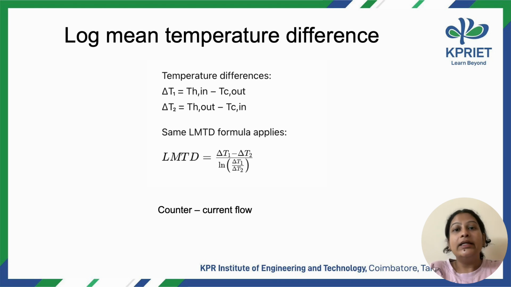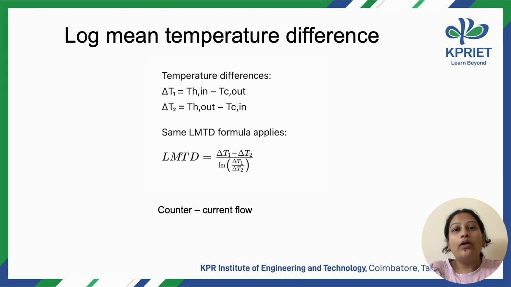In this case, delta T1 will be equal to hot fluid inlet temperature minus cold fluid outlet temperature, because the inlet will be on one side and the outlet will be on the other side, whereas delta T2 is equal to hot fluid outlet temperature minus cold fluid inlet temperature, because where you have the hot fluid outlet temperature, in the same direction you are going to have the cold fluid inlet temperature, and at the entry where we have the hot fluid inlet temperature, in that same direction we are going to have the cold fluid outlet temperature. So when the direction changes, the delta T1 and delta T2 values will also change.